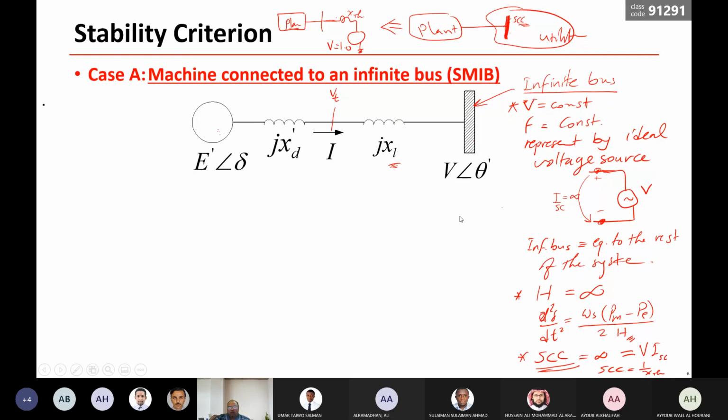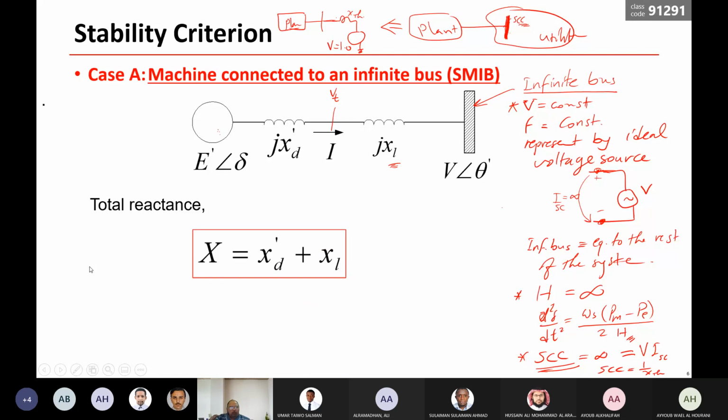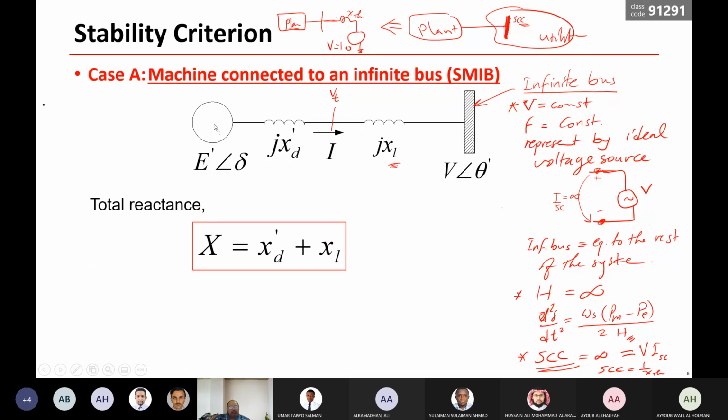So the total reactance between this voltage source and this one is the summation of XT prime plus XL, and if you have a transformer here, you also take it into consideration. These reactances are connected in series.